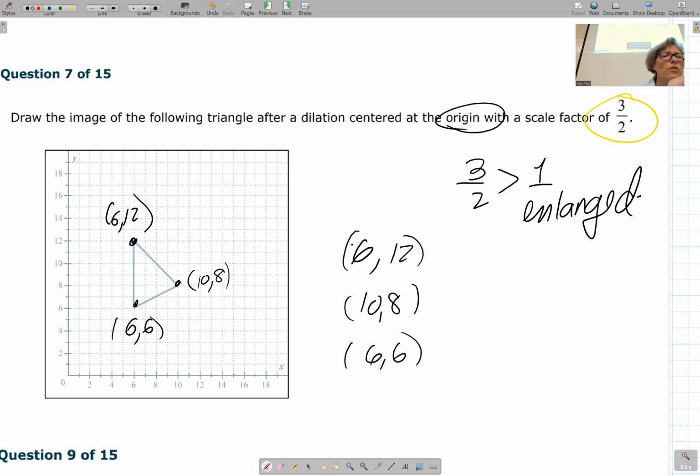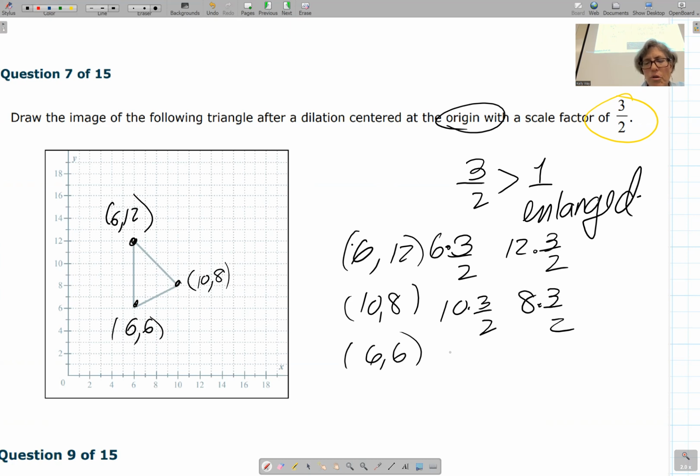All right, so for each of these, we're going to times by 3/2. So 3/2 times 6, 12, times 3/2, 10 times 3/2, 8 times 3/2, 6 times 3/2, 6 again times 3/2.